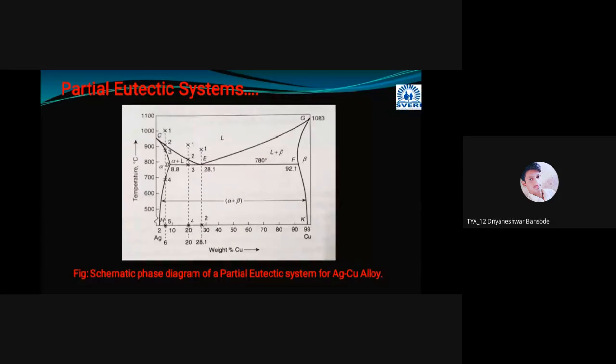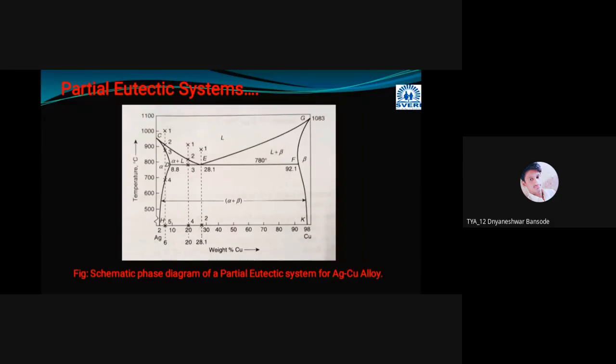Point C on the temperature line is the melting point of silver, and point G at the right top corner is the melting point of copper. Point G indicates a temperature of 1083 degrees Celsius, and point C is approximately 953 degrees Celsius.